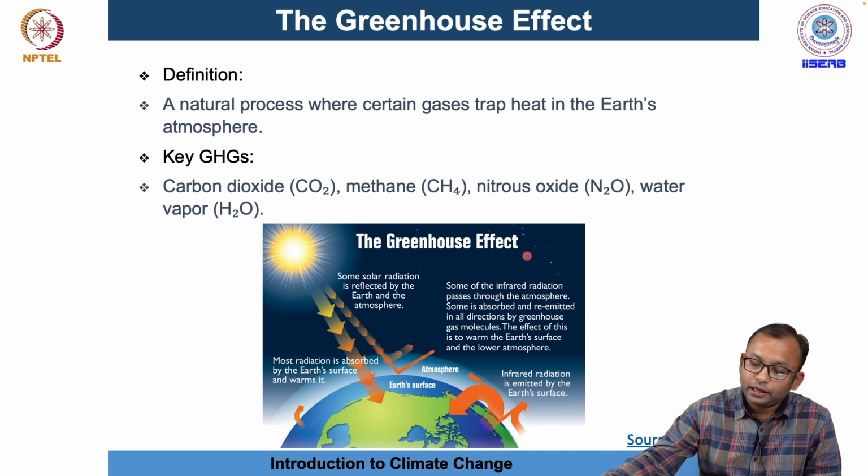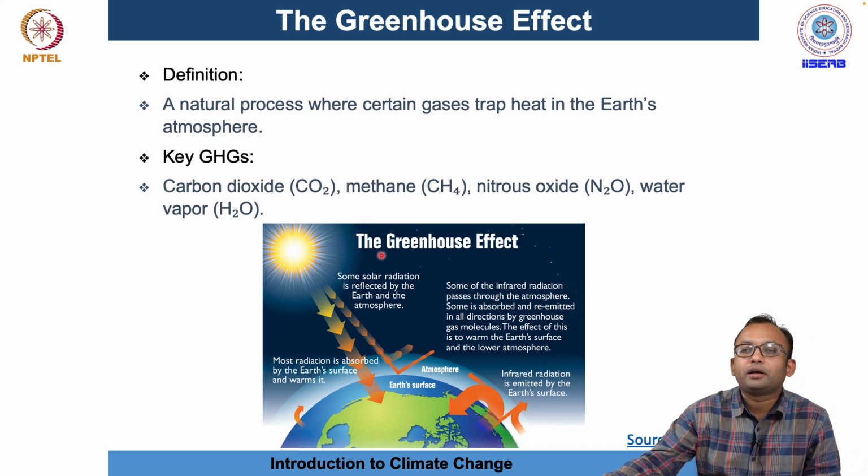There are certain gases which trap the heat coming in the long wave radiation form, store it, and then re-radiate it back to the atmosphere. Therefore, it maintains the earth's temperature at certain degrees. It provides the optimum temperature so that vegetation can grow, and multiple different ecological processes can work together at the surface of the earth.